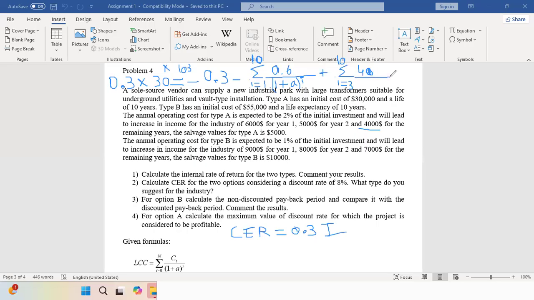So 4 over 1 plus A to the power I. For the first 2 years, I will account for the terms separately. So plus, for year 2, it's 5 over 1 plus A squared. And for year 1, it's 6,000, so plus 6 over 1 plus A.